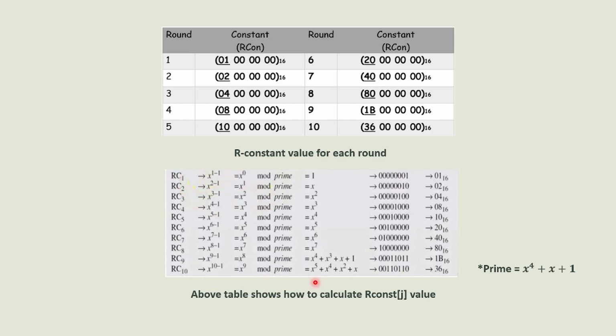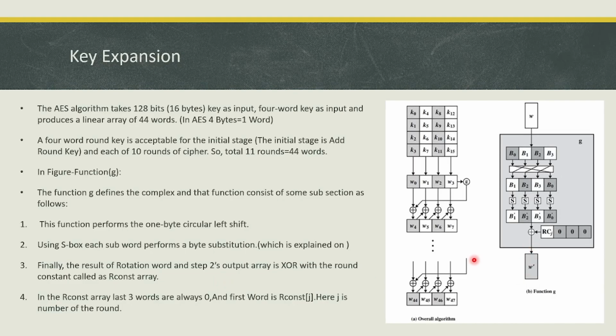We can generate this using the Galois field GF(2^8). You can see that x^(i-1) is equal to x^0 mod prime, x^(2-1) is x, where prime is x^8 + x^4 + x^3 + x + 1. So we have used the Galois field to generate this value. According to the round, our constant value will change, and it will generate W dash, the other words. We can do this and generate all 44 words. So that's how we can generate and expand our key.